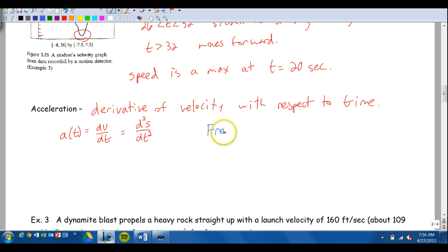In free fall motion, position is given by 1/2 a t squared, where a is the acceleration due to gravity. So I should actually call this g, where g is equal to 32 feet per second squared, or 9.8 meters per second squared. Sorry, it's an acceleration.